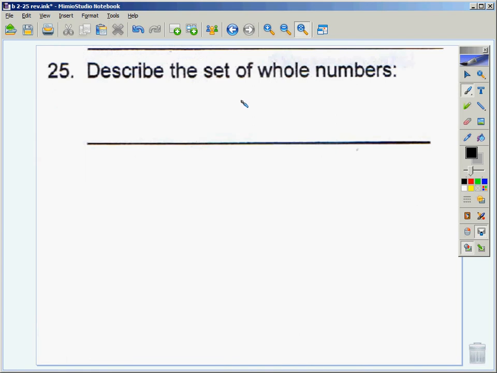Number 25. It says describe the set of whole numbers. If you're describing a set, it should say that it is a what? It's a set of numbers. That's where I'm going to start. It's a set of numbers. Where does it start at?